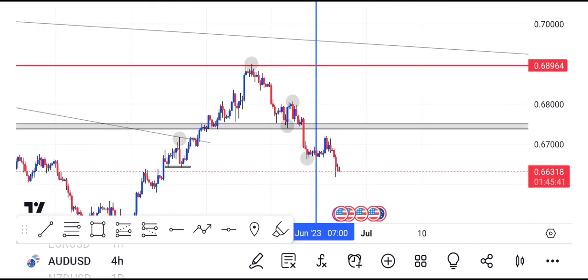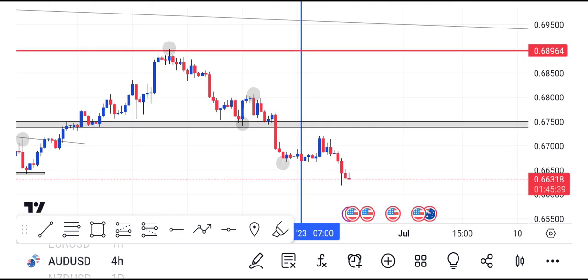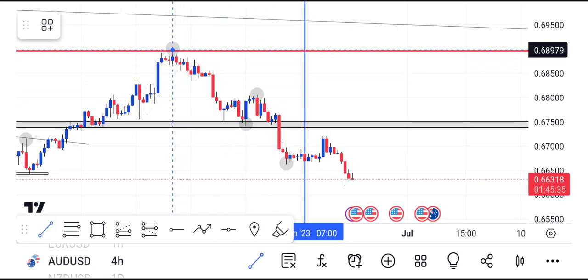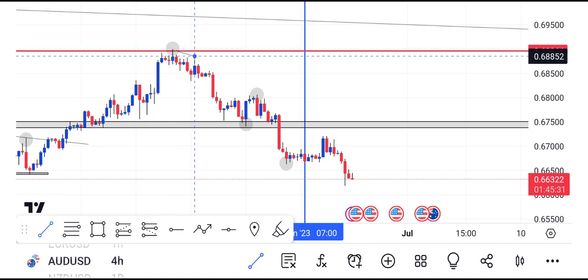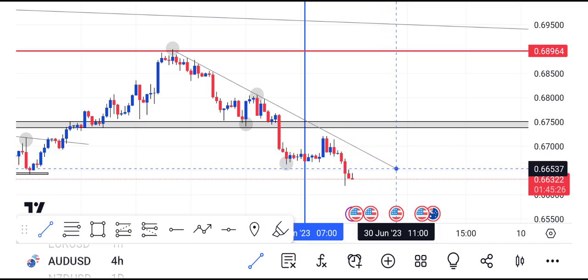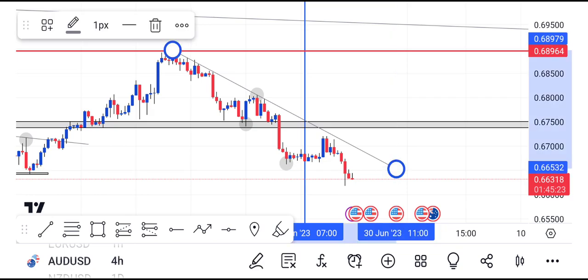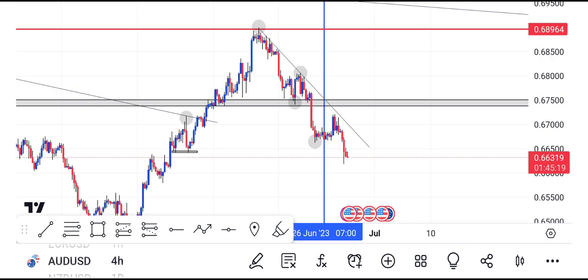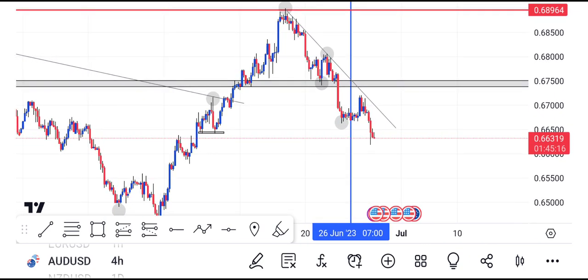So now, looking at this, we want to take our trend line tool and now draw the trend. We're going to go to the start of the trend and then match it up with the second touch, which is there. Yeah, match it up with the second touch, and then that is what we want to see.